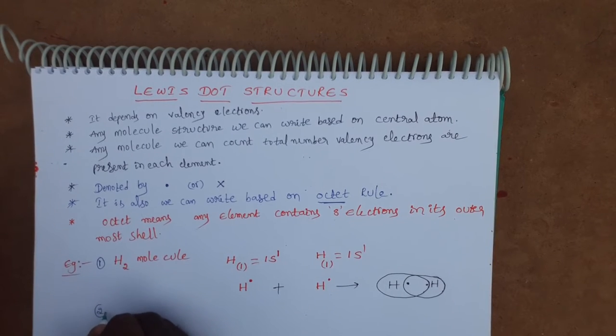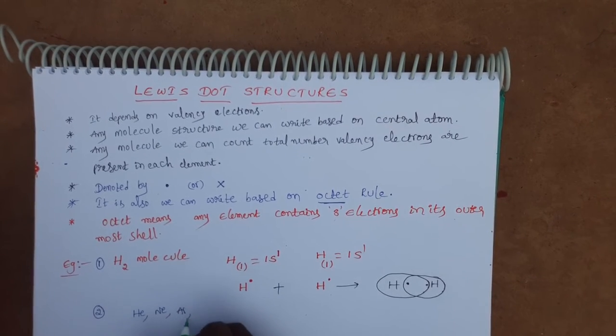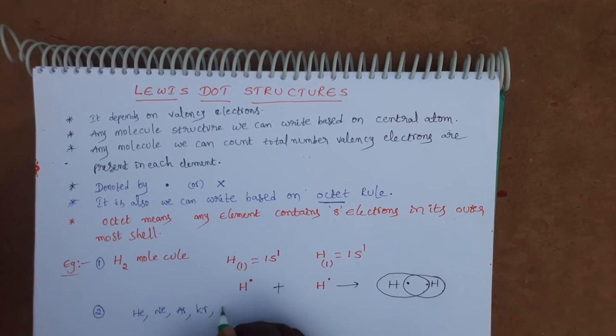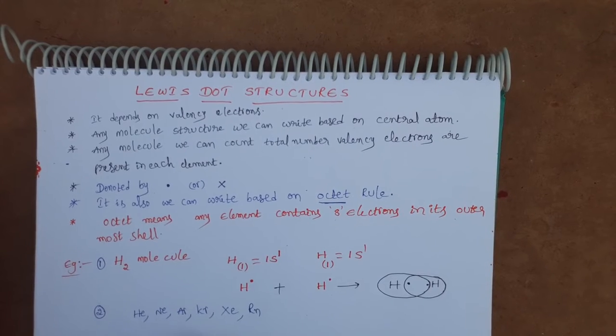And the second example: we can consider helium, neon, argon, krypton, xenon, radon. These we call inert gases or noble gases. They contain 8 electrons in their outermost shell except helium. Helium contains only how many electrons in its outermost shell? 2 electrons. This is called duplet electronic configuration.